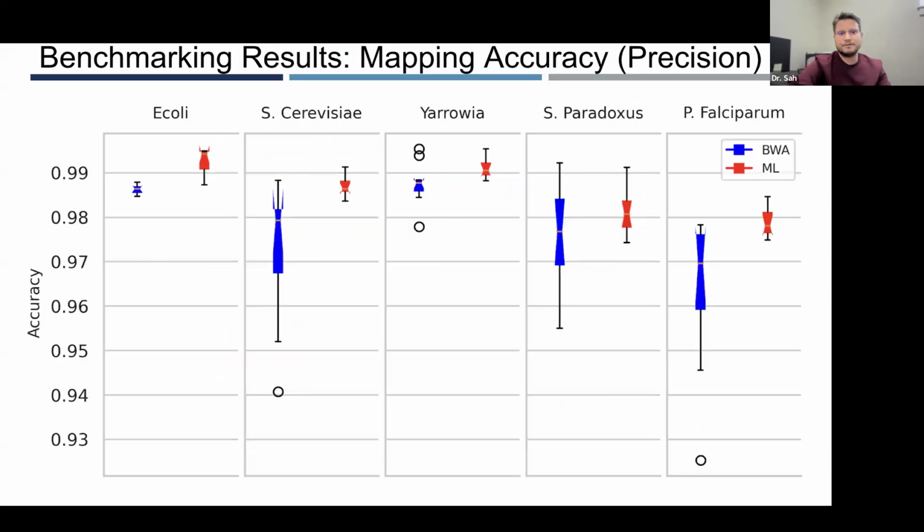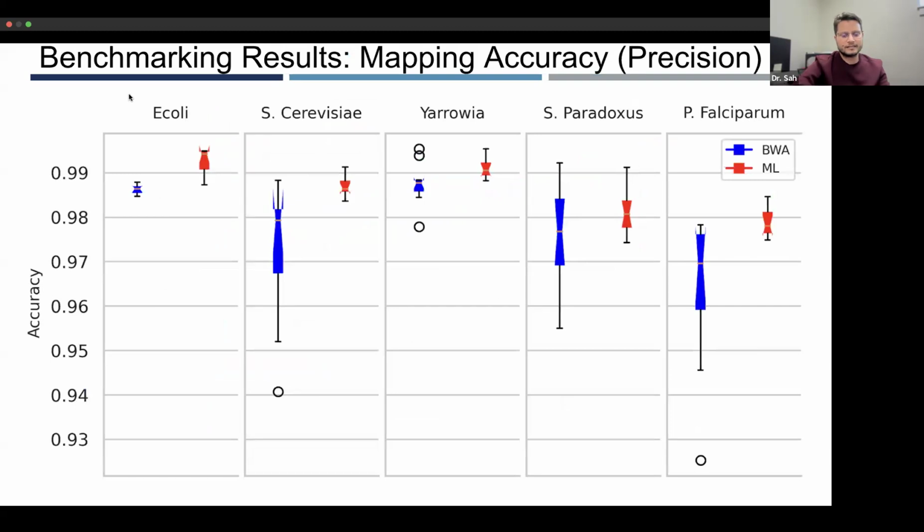Now I would like to show some benchmarking results. The benchmarking results use datasets I have downloaded from the NCBI for different species.